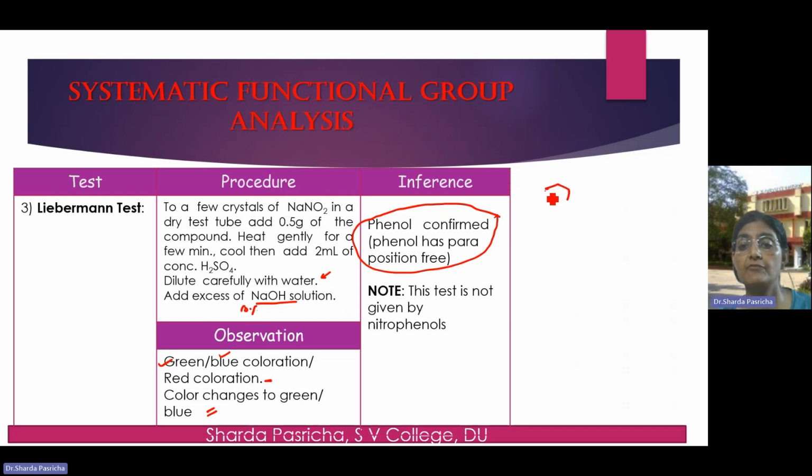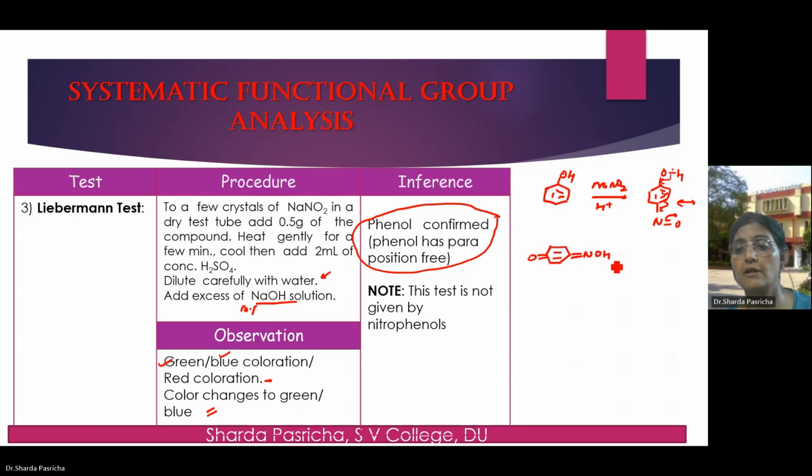Okay, let us understand what is happening in this reaction. If you have a phenol, say I will take simple phenol, so para position, it will give you para-nitrosophenol. It rearranges like this, and this will combine with another unit of phenol.